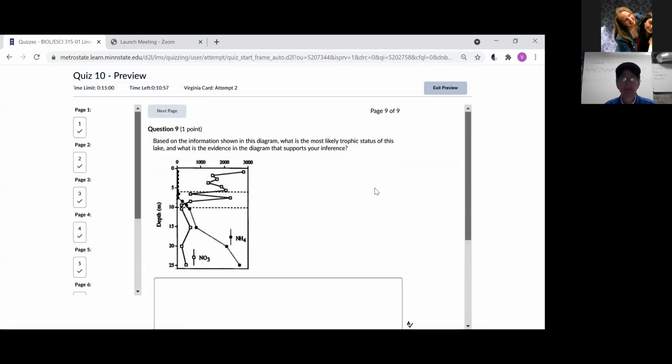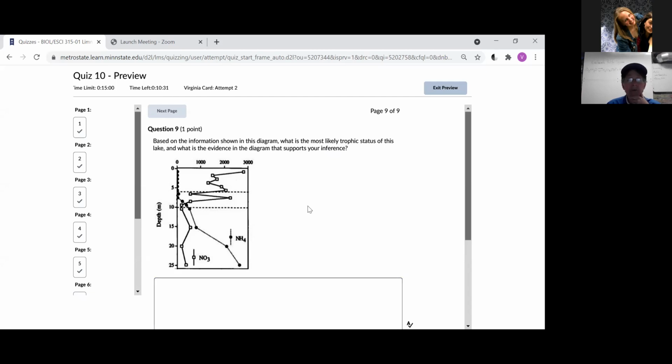There you go. Based on the information shown in this diagram, what is the most likely trophic status of this lake? Well, look, high ammonium concentration in the bottom water, must be anoxic down here. By golly, that sounds like a eutrophic lake. Looks like it's stratified, got high nitrate in the surface, low nitrate in the bottom.